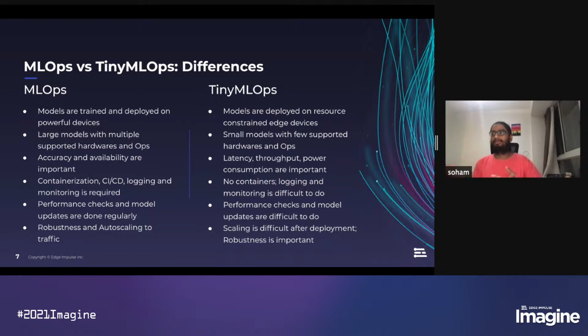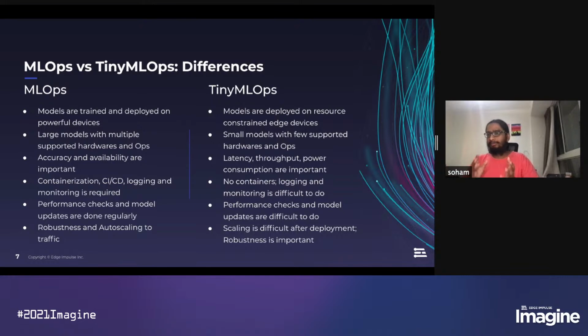Whereas in the case of smaller TinyML models, the device you deploy to is going to be a constraint. Your device may not, for instance, support many operations, or it may not support some kinds of layers. So when you're training and optimizing your models, you have to keep these things in mind.